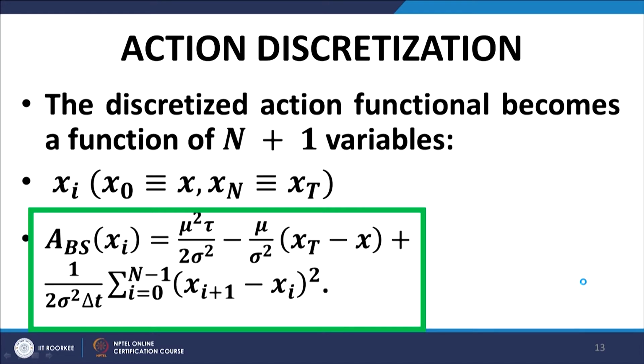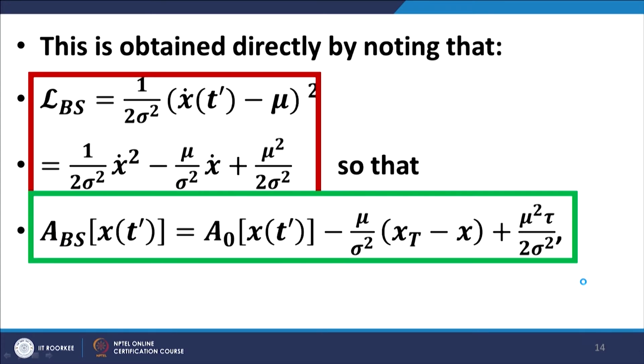Now, let us get the expression for the discretized action. We got the action for the Black-Scholes formula from the Black-Scholes Lagrangian. The action takes the form given in the green box here, on discretization, which is shown in the next slide.